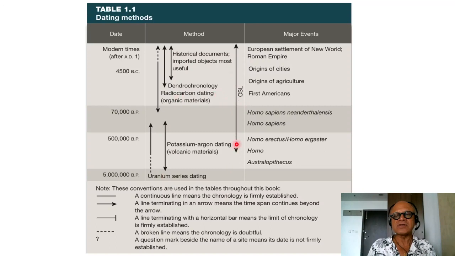So not as certain, but here we go to the modern. If it terminates with a bar in the tables that we'll look at in other chapters, it means the limit of chronology is firmly established. A broken line means chronology is doubtful, and a question mark beside the name of a site means its date is not firmly established.